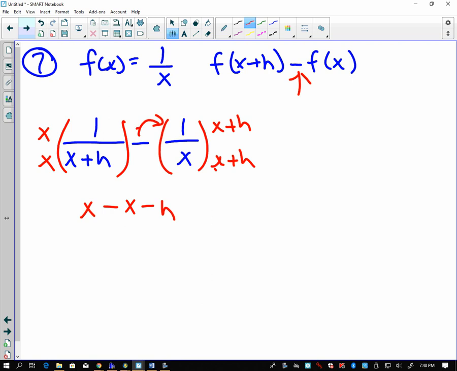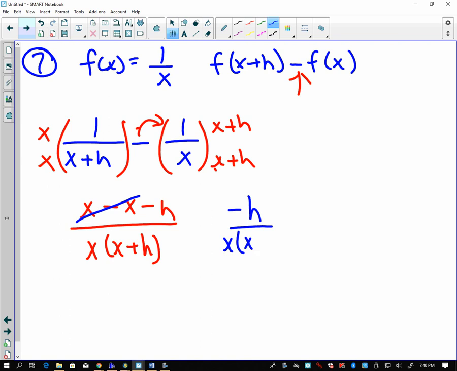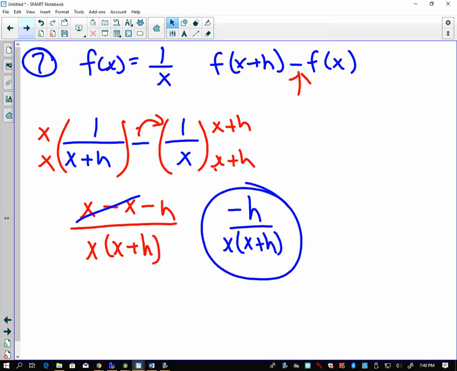So I've got x minus x minus h all over x times x plus h. These two x's will cancel out, leaving me with negative h over just x times x plus h. And that's it, that's what it simplifies to. Be careful with it.